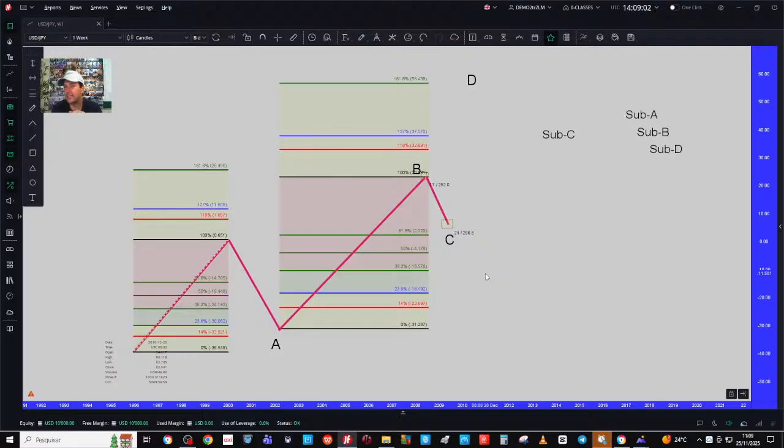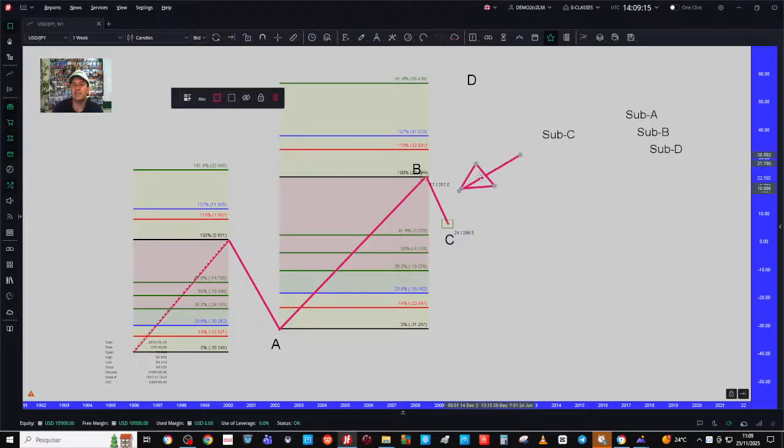Can I put a contrarian Fibonacci on a high and a low? Yes or no?